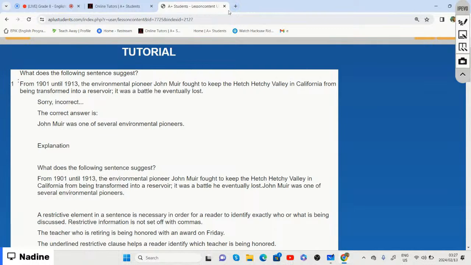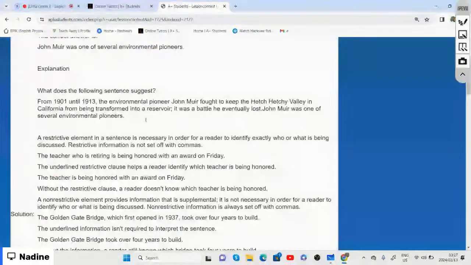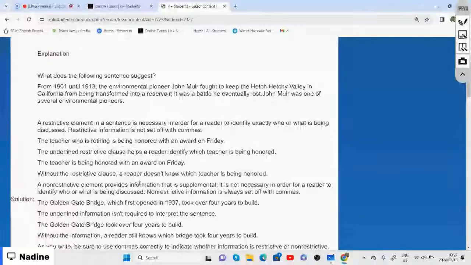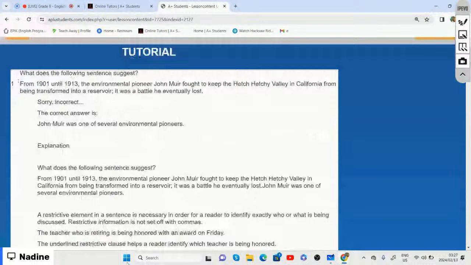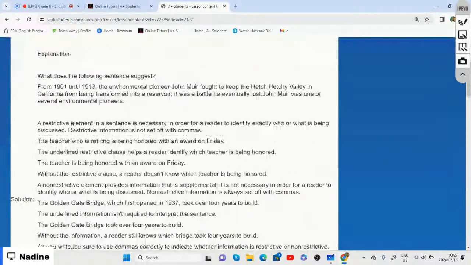So basically, John Muir was one of several environmental pioneers that fought to keep Hetch Hetchy Valley from being transferred, but eventually and sadly, he lost the battle.